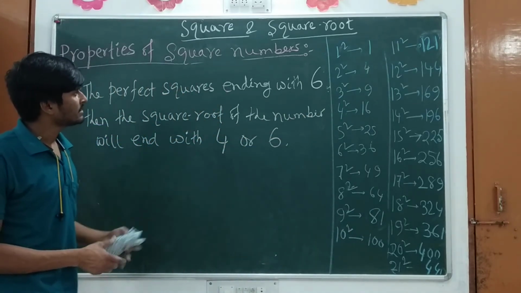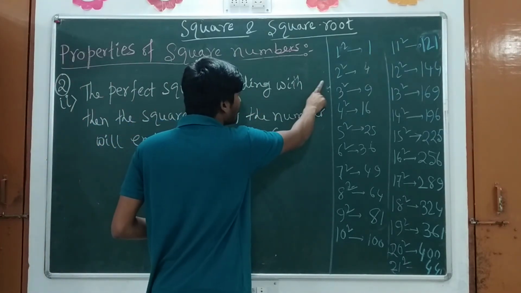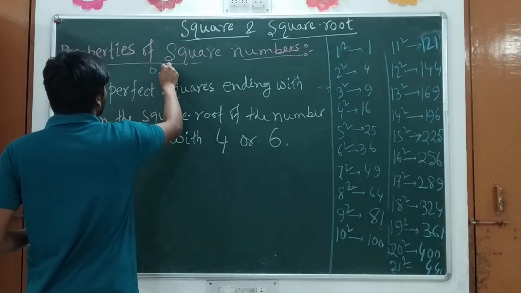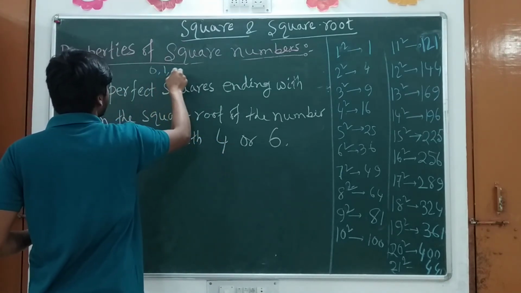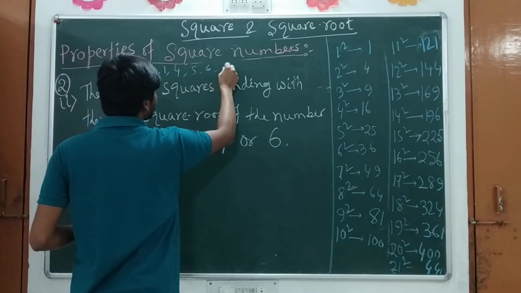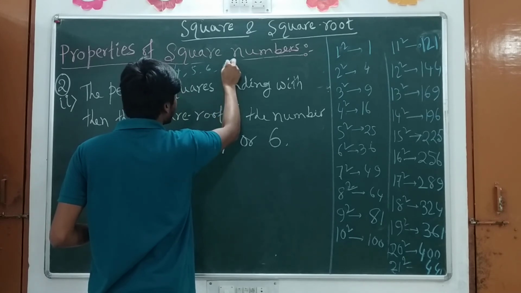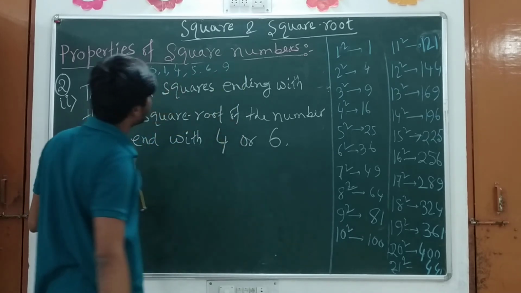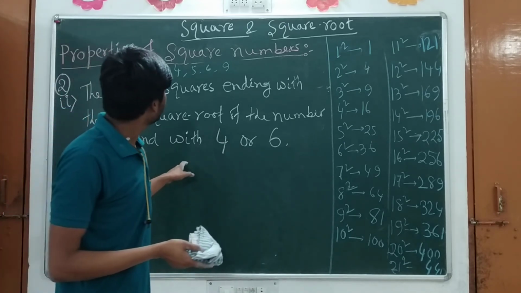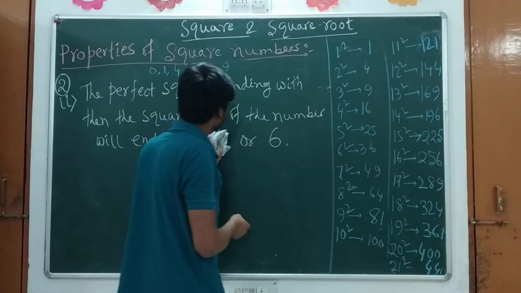Now, what are the digits a perfect square can end with? Either 0, 1, then 4, 5, 6, then 9. So a perfect square ends with these digits. Next will be ending with 9, since 6 we have covered.